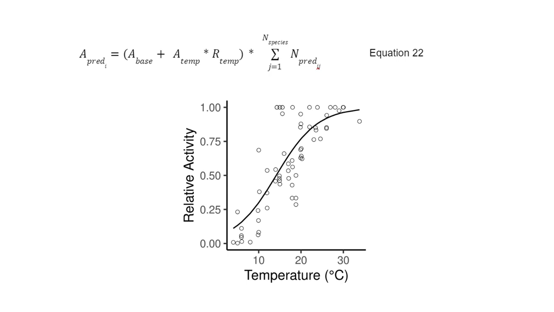Also have some logistic equations in here. So this is how much the predators are influenced by temperature increasing their activity. And so this is dictated by a logistic equation, which is right here.